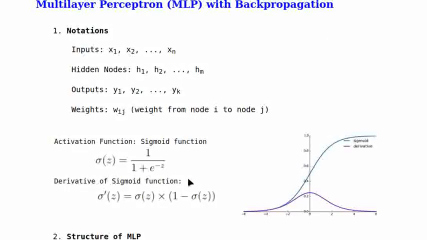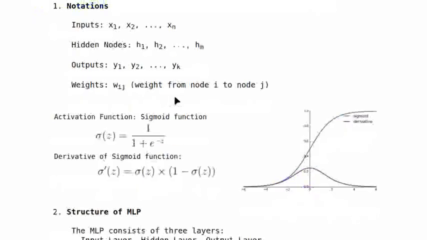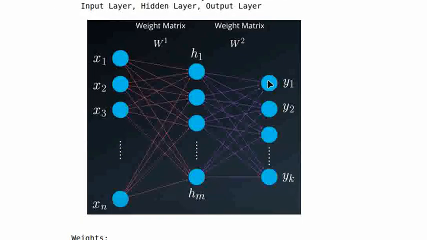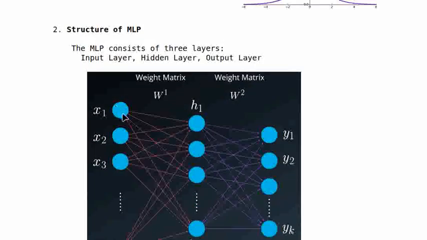And the outputs are y1, y2, up to yk, as shown here. And the neurons are connected by weights. So we have a weight matrix from the input to hidden, and a matrix from hidden to output.